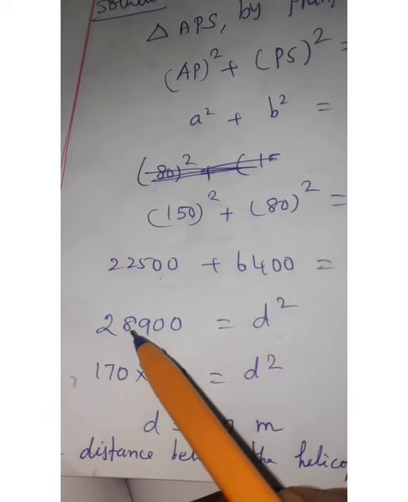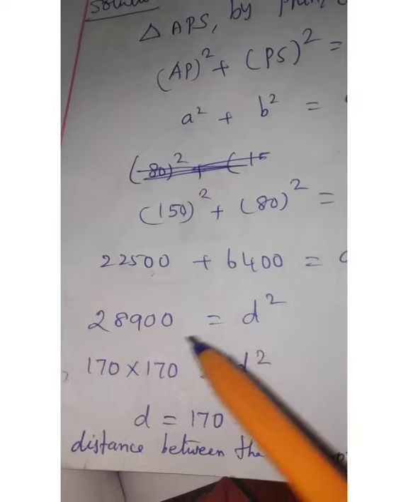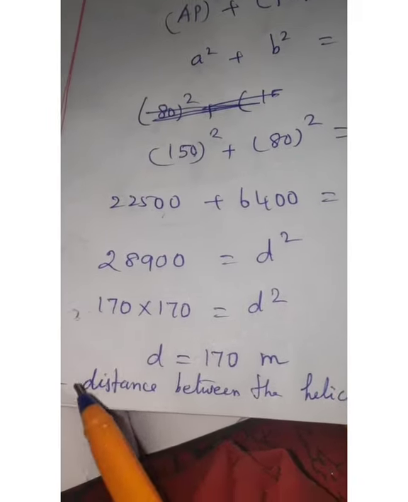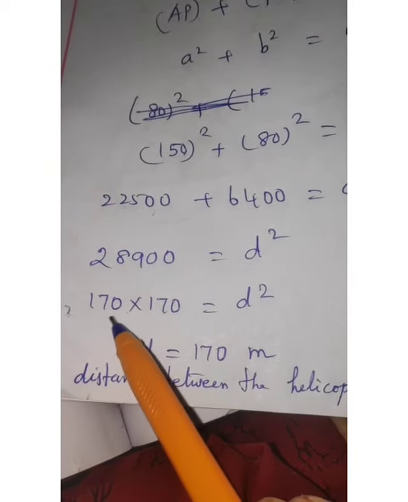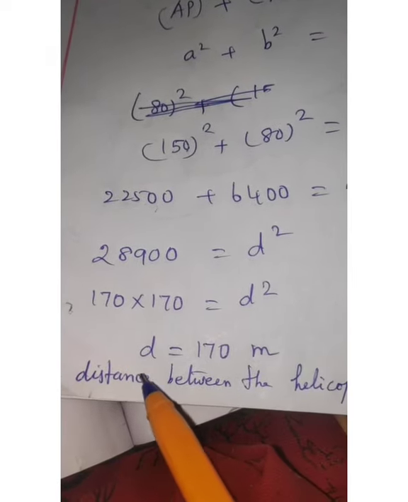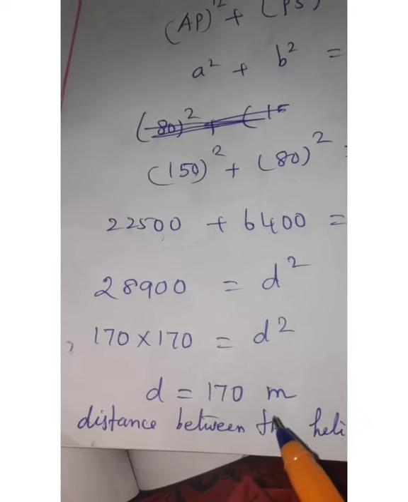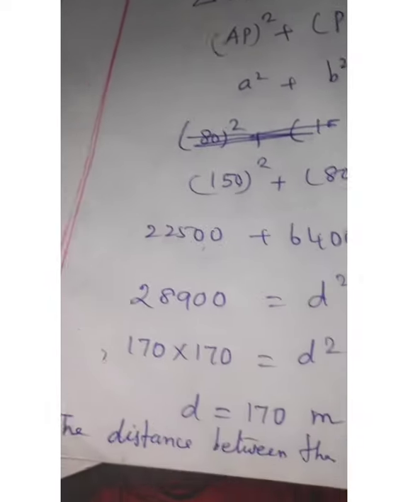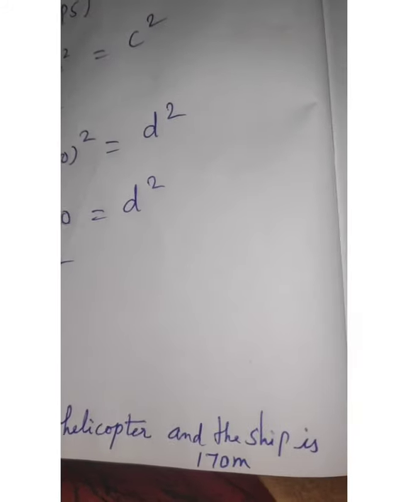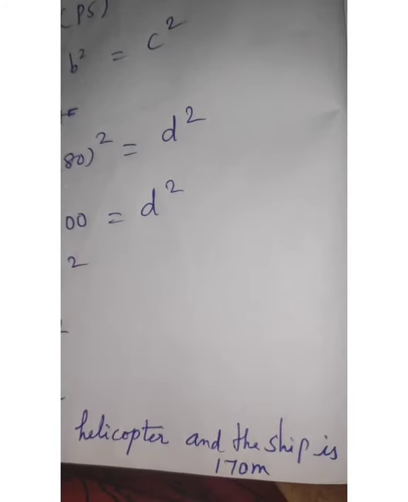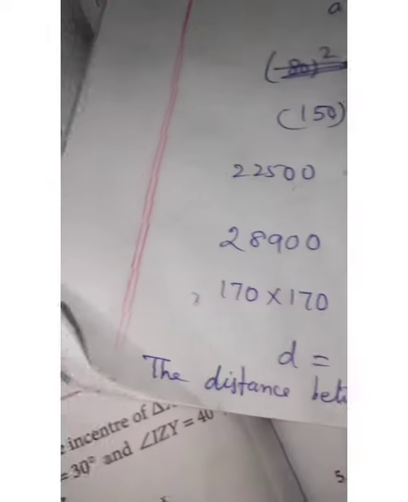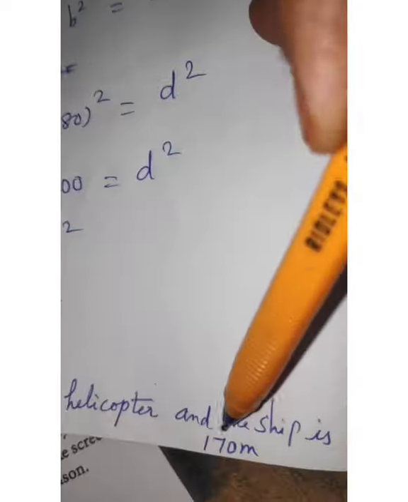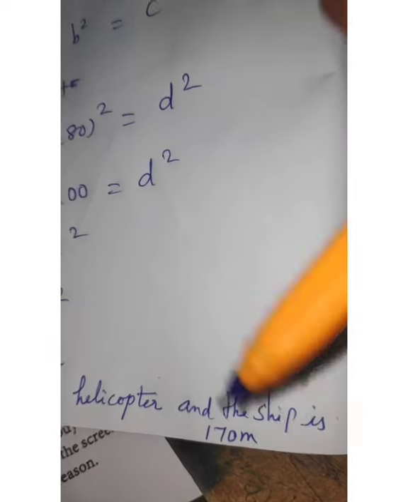Adding gives 28,900 equals D squared. 170 times 170 equals D squared, so D equals 170 meters. Final answer: the distance between the helicopter and the ship is 170 meters.